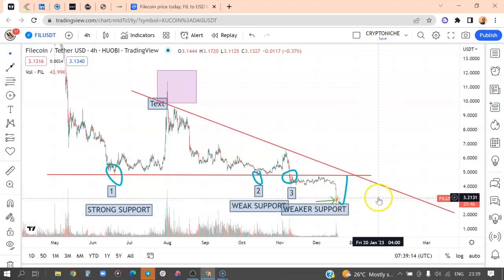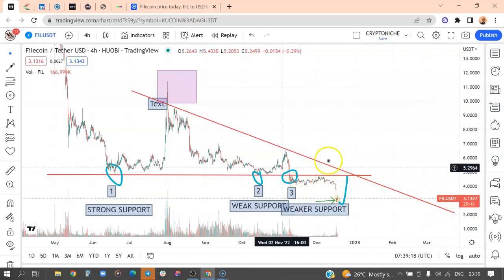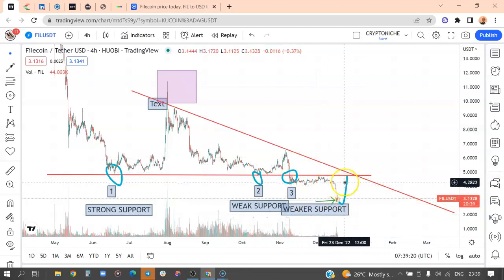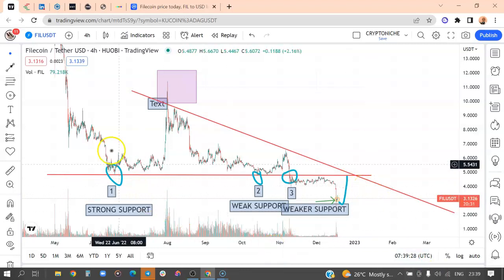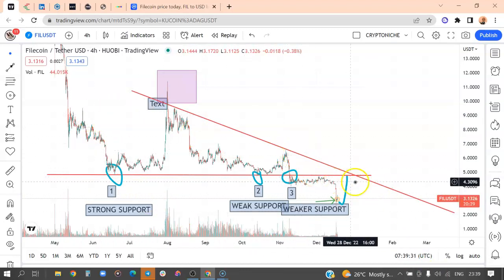This is the beginning of a new trend on a micro level, not on the macro level. You have to pay attention to the difference between a micro level and a macro level in your analysis.